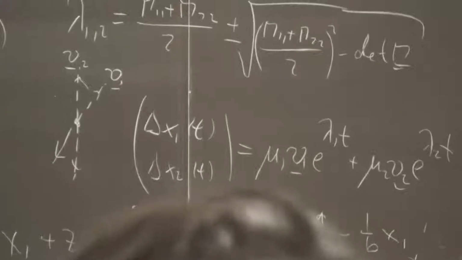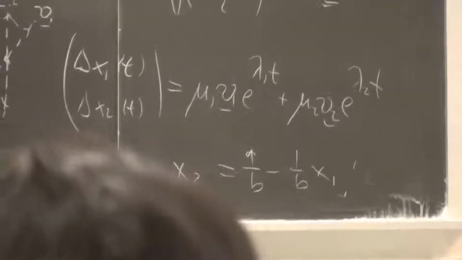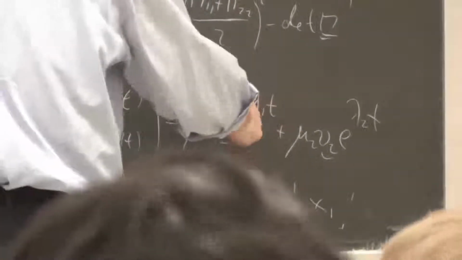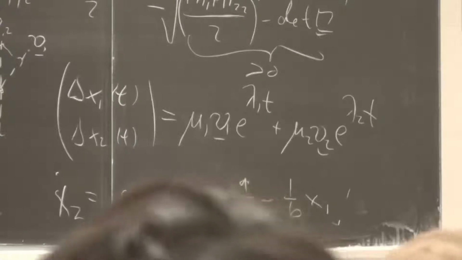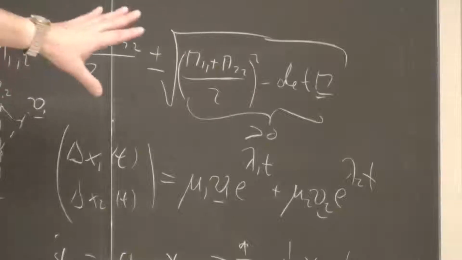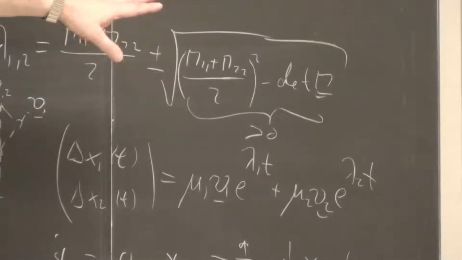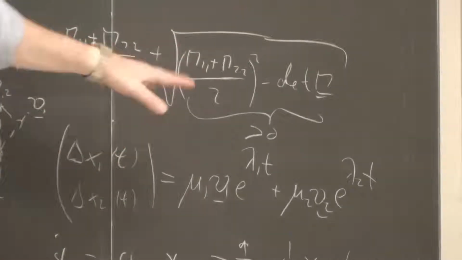Now, however, you have some interesting possibilities. For example, you can have the possibility that the radicand here is larger than 0, and then you're getting real eigenvalues. And now you can have them positive or negative or mixed. If they are positive, then you are getting this kind of motion.